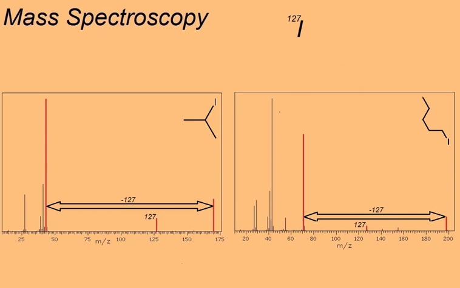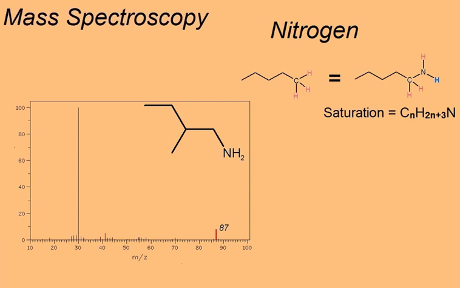Finally, look out for an odd number for the molecular ion peak. That's often a sign that nitrogen is in the molecule. Now, of course, we normally finish each hydrocarbon with a methyl group, CH3, but if one of those hydrogens is switched for an amine group, NH2, we get that hydrogen back when we add on the nitrogen, but we also get a second hydrogen from the amine group.